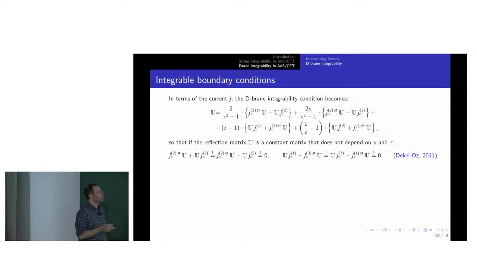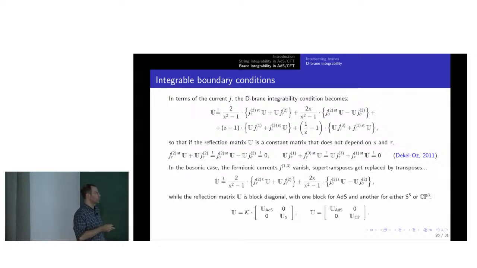But what Dekel and Oz did, they considered the no-flux case. In the no-flux case, this U matrix, this reflection matrix, is really a constant and does not depend on the spectral parameter, which means that this side is 0, and these terms are really decoupled from each other, and they can be set to 0 and then easily be solved, even in the fermionic case.